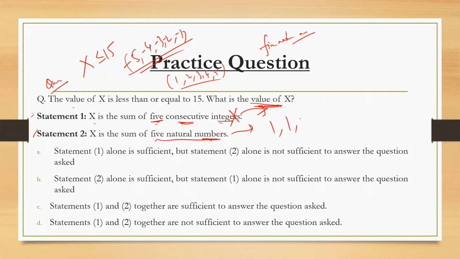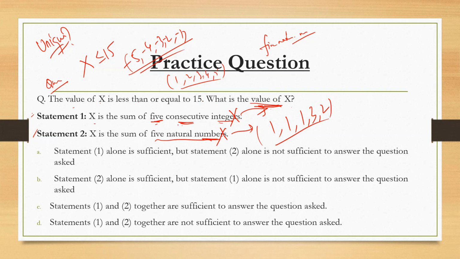Is it anywhere mentioning they have to be unique? It is only said that they have to be five natural numbers. They should be unique, they should be distinct, this is not mentioned. So they can be repetitive also. So here also it will satisfy, it will be less than or equal to 15. So statement 2 also will not answer my question.